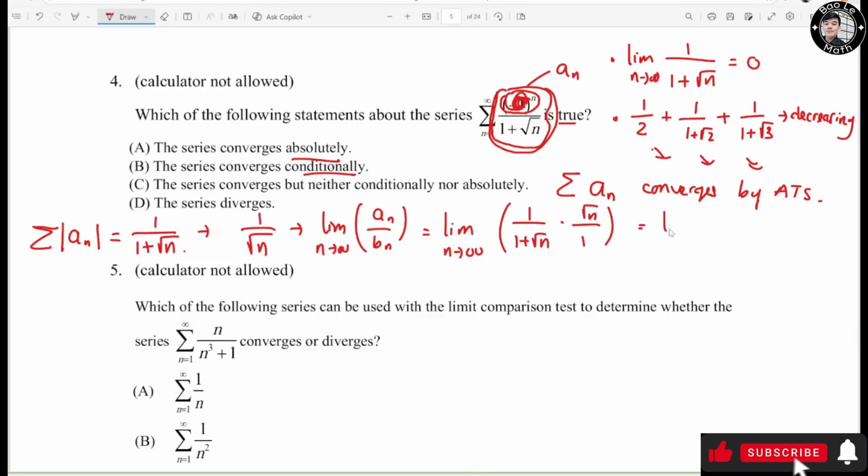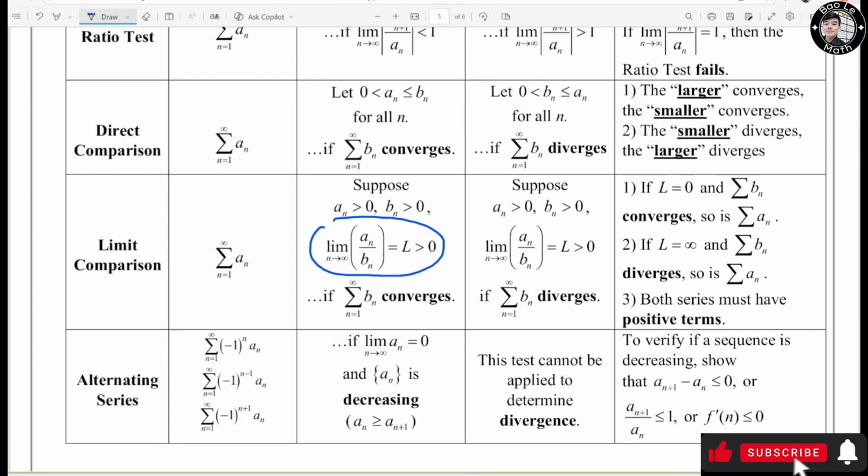So it's going to be the limit when n approaches infinity of square root of n over 1 plus square root of n. Now when n approaches infinity, square root of n is much larger than 1, right? So it turns out to be the limit of square root of n over square root of n when n approaches infinity, which equals 1, which is greater than 0, right? Look at this one, greater than 0.